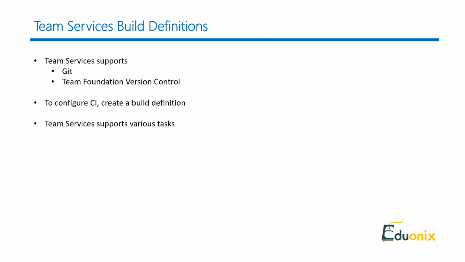For an example, you can use tasks to build your .NET, Java, Node, Android, Xcode and C++ applications. So it really is a rich collection of tasks. And if that is not enough, your Team Services also has tasks that can run your tests by using various testing frameworks and services.